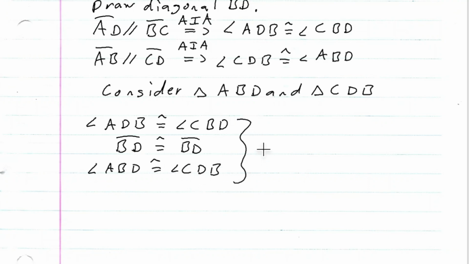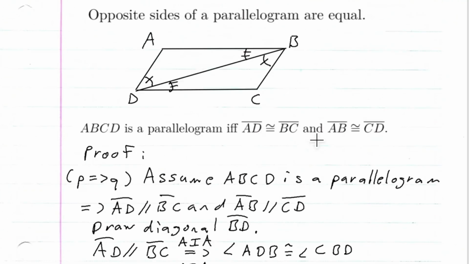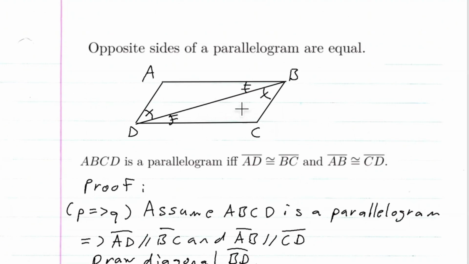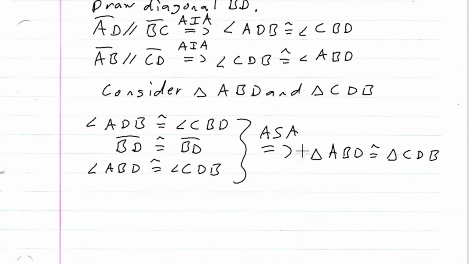So these three things together imply by the angle side angle congruency postulate that triangle ABD is congruent to triangle CDB, right? So if this triangle is congruent to this triangle, that means the corresponding sides are congruent. Namely, AD is congruent to BC and AB is congruent to CD, which is what we wanted to show.